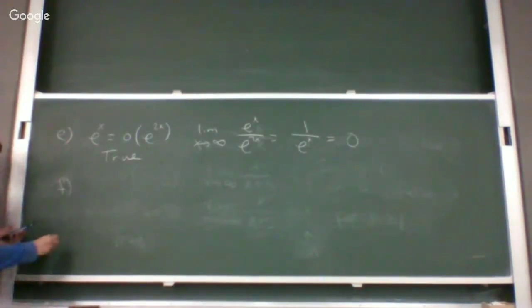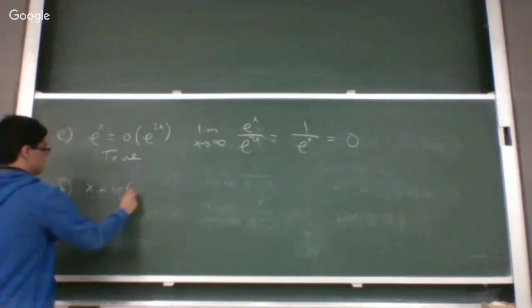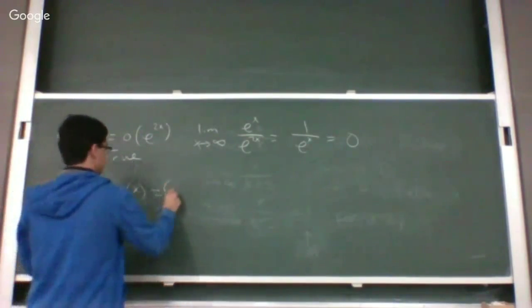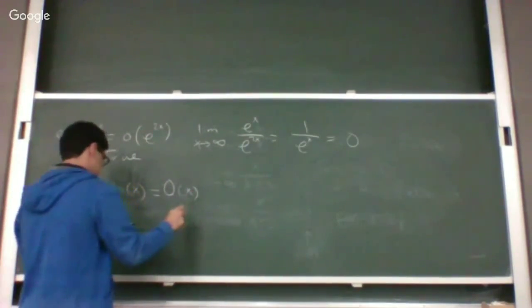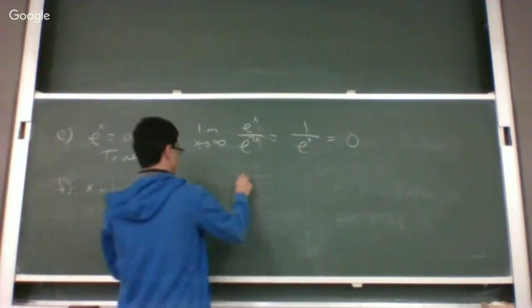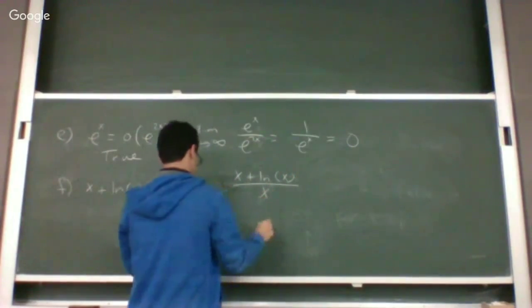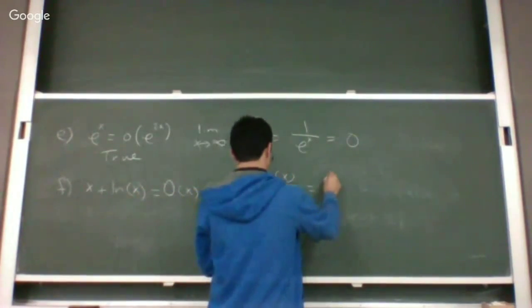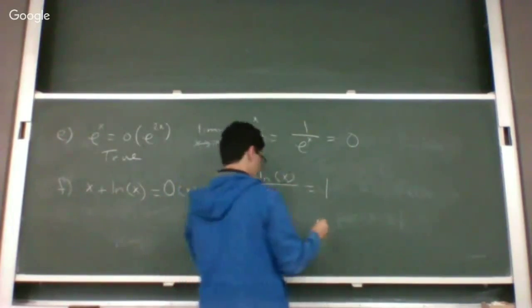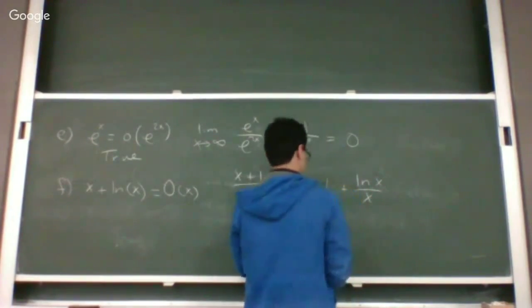For f, we have x plus the natural log of x equal to big O of x. So we're testing for big O. We can just do x plus the natural log of x all over x. If we separate it into 2 parts, that's 1 plus the natural log of x divided by x.